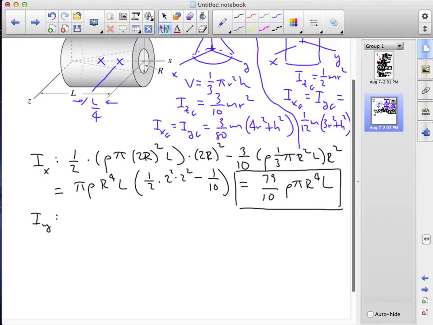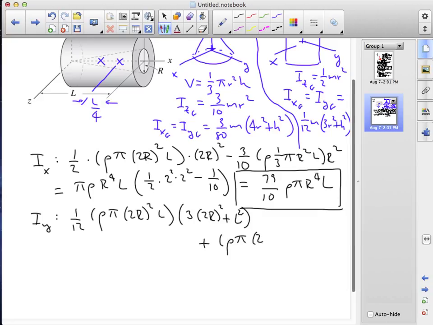So we'll have for the cylinder first, 1/12 the mass times 3r squared plus h squared. And then the parallel axis offset, we have an md squared, and the distance between the two sets of y-axes is just half the length of the cylinder.